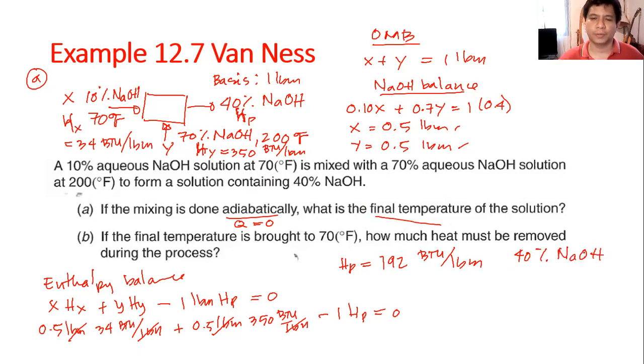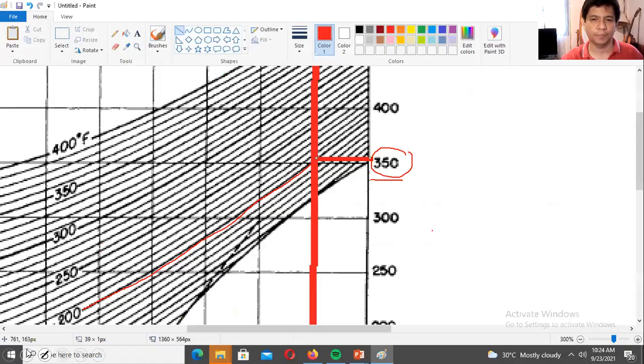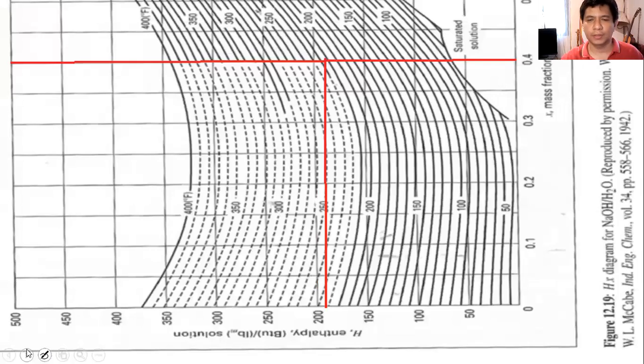This is the 40% on the diagram. You draw a line at 0.4, this red line. Then 192: estimate where 192 is. This is 192 BTU per pound mass.